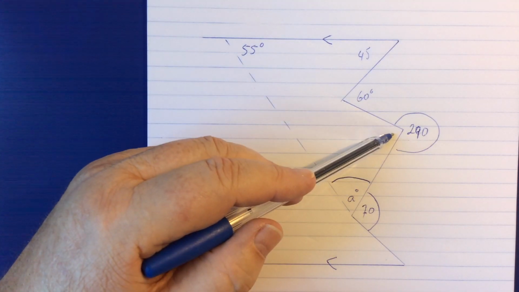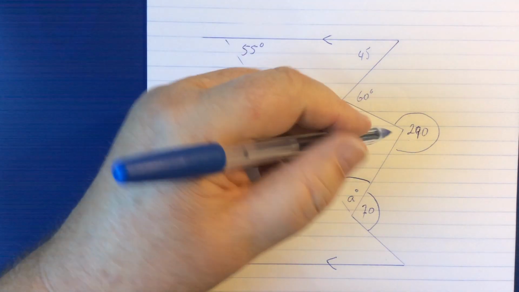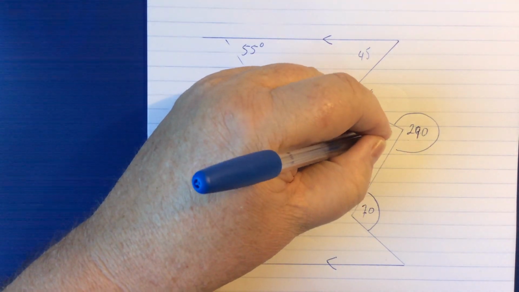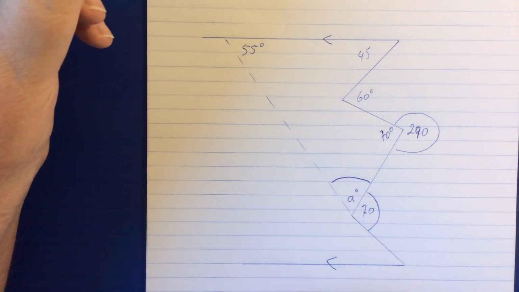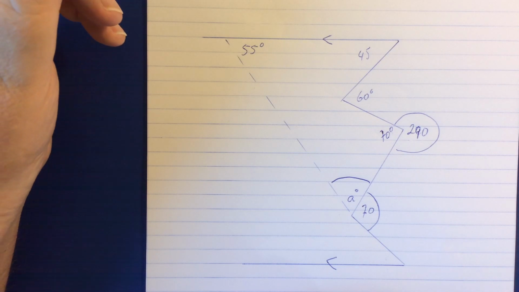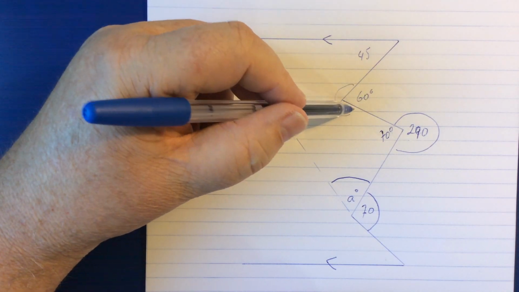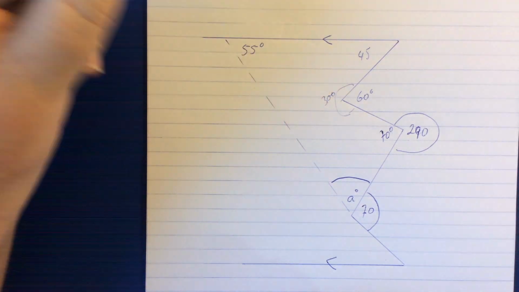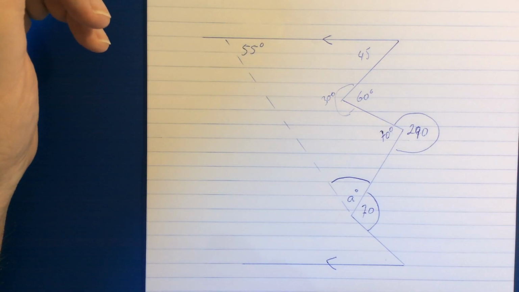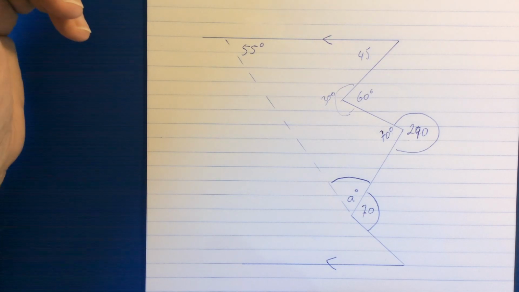We can work out what this angle is. That's pretty easy. 290 plus 70 gives us 360. We can work out what this angle is. It's 300. And we can go about it that way.